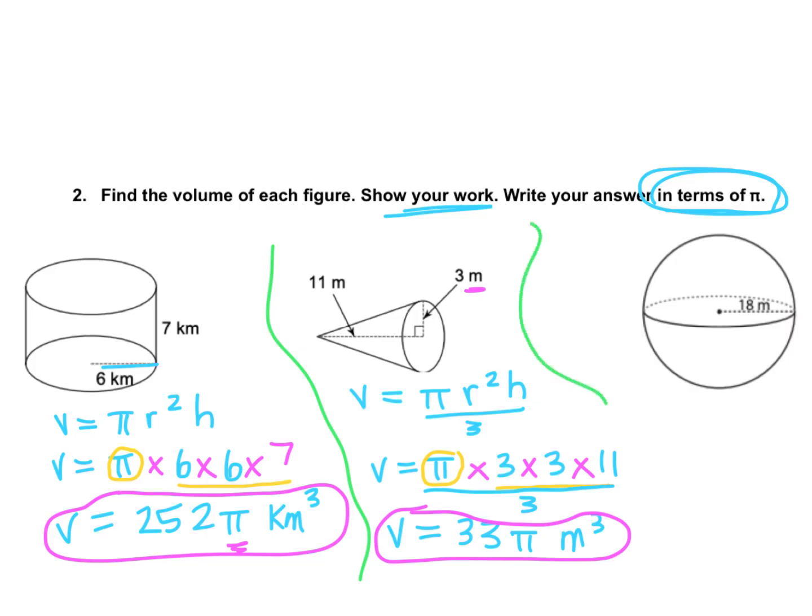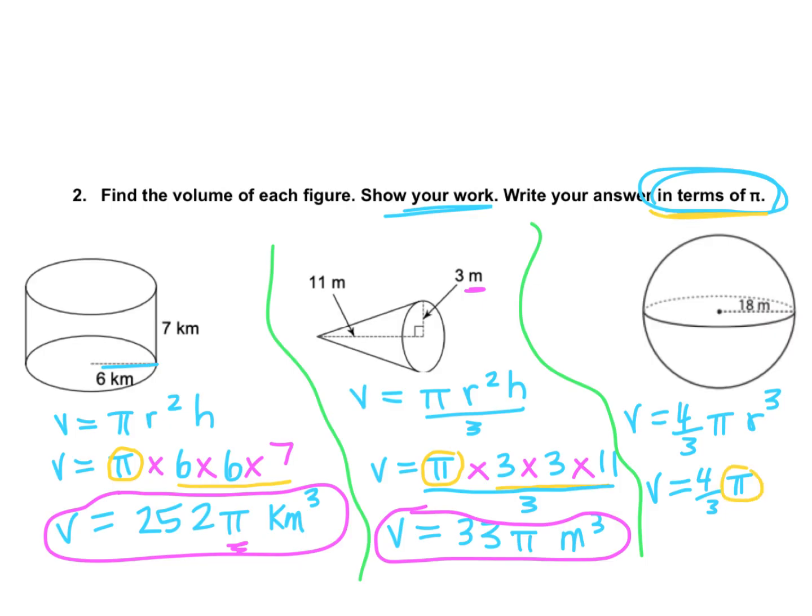Our last shape is a sphere. When you check your formula sheet, it's 4/3 pi, and then the radius to the third power. Don't forget about that. So we're going to do 4/3. Do not type in the pi because it's in terms of pi.